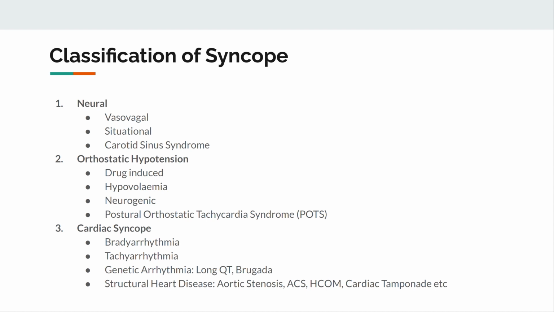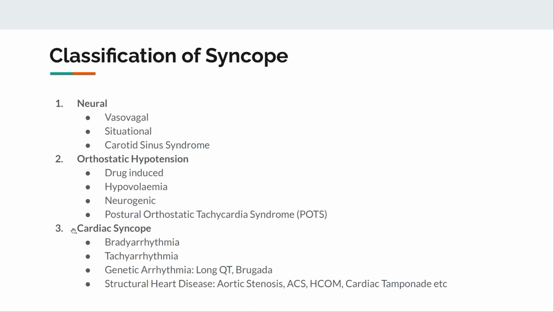That can be from over-diuresis with too much furosemide, or someone who's dehydrated. So that's orthostatic hypotension, and it's positional. It's going from lying to standing. So you can do lying and standing blood pressures on these people to prove that they have orthostatic hypotension, as well as check their heart rate lying and standing.